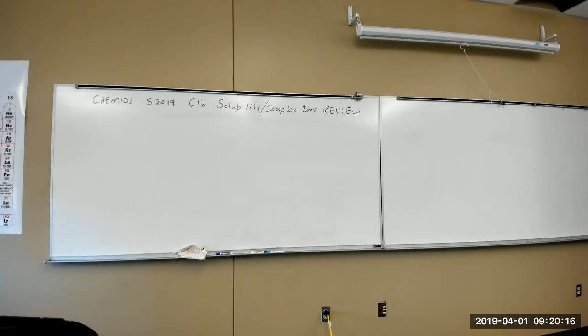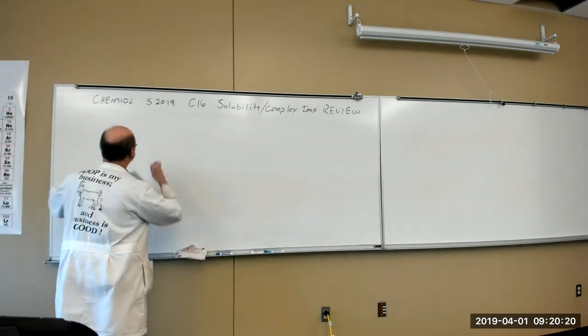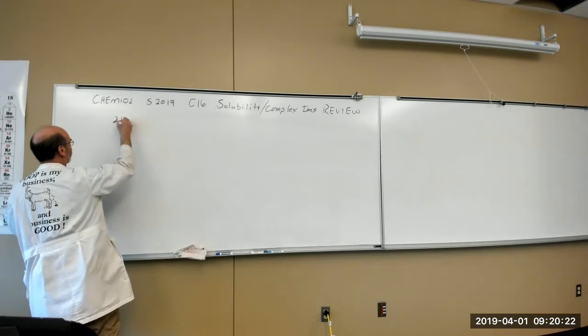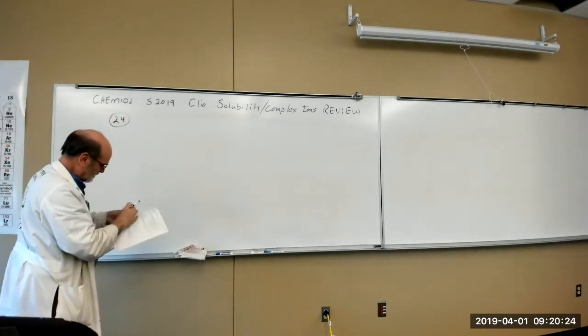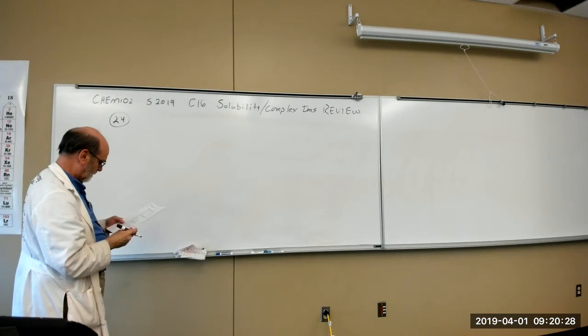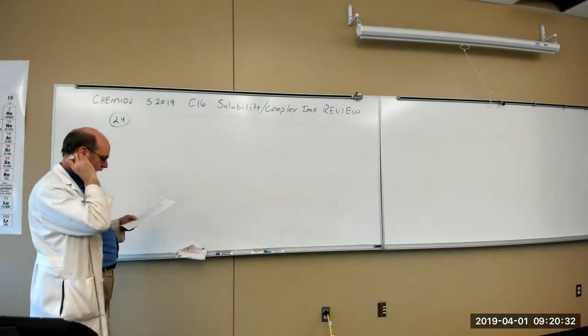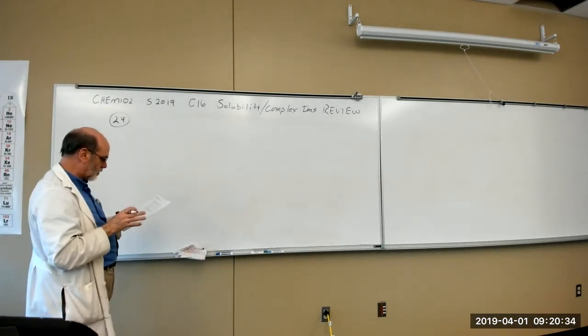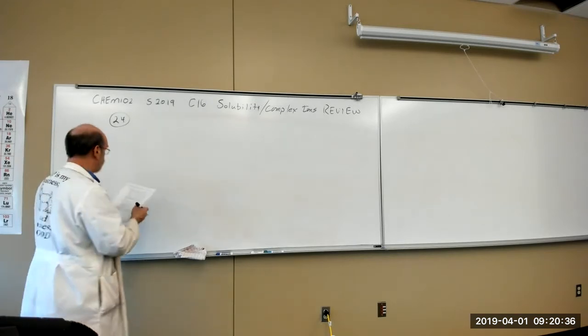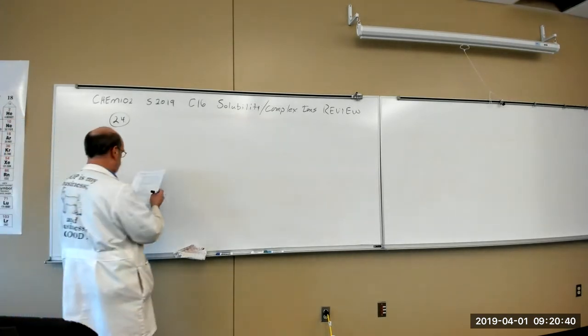Okay. Well, now's the time. So, in the qualitative analysis scheme for metal ions, how are the analytical group 1 cations separated from the other cations? Oh, just look at the chart. That's why I didn't discuss it.